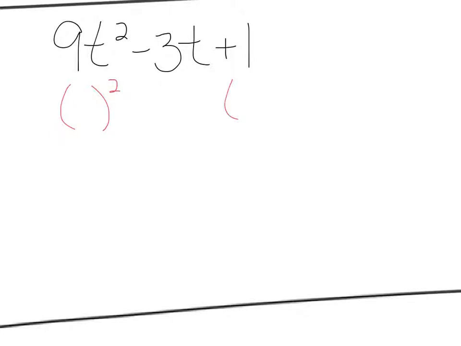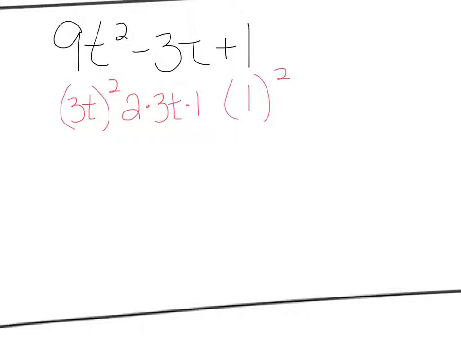Yes, I do. What squared gives me 9t squared? 3t. What squared gives me 1? Check your middle term. Does 2 times 3t times 1 give me 3t? No, it does not. That's why you have to check your middle term, because this is not a perfect square trinomial.